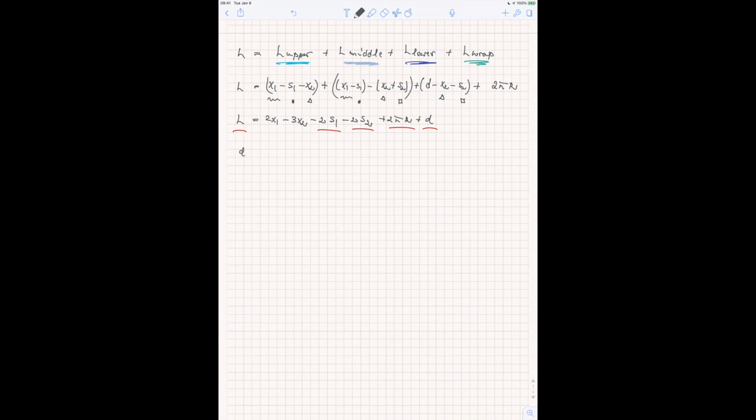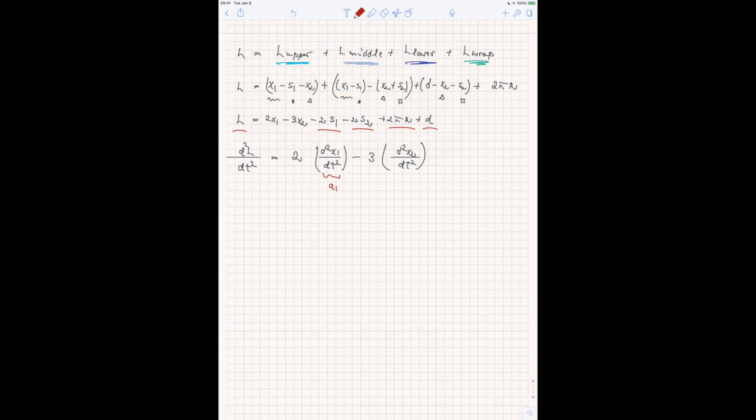So let's calculate now d squared L over dt squared. Then we get lots of zeros. All of the 1, 2, 3, 4, counting from right to left, underlined in red, are 0. What we have left is 2 d squared x1 over dt squared minus 3 d squared x2 over dt squared.